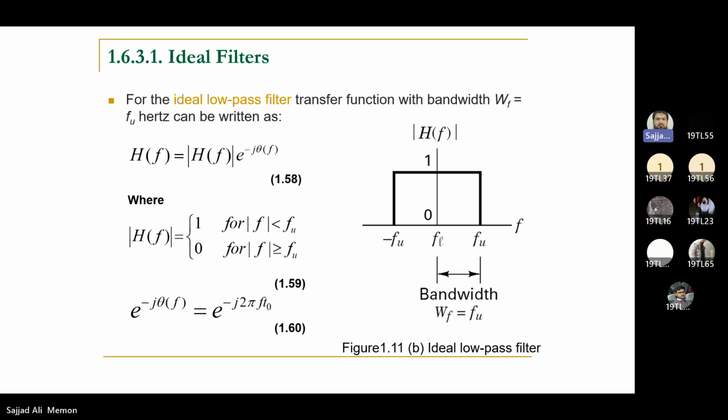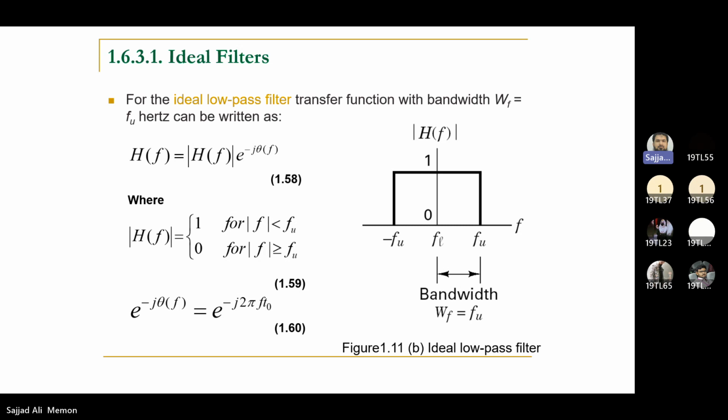If the frequency falls under f_u, then the transfer function is equal to 1, and for other frequencies it is 0, that is, if f is greater than or equal to f_u. So this one is a low pass filter, where you can see it is from minus f_u to plus f_u.